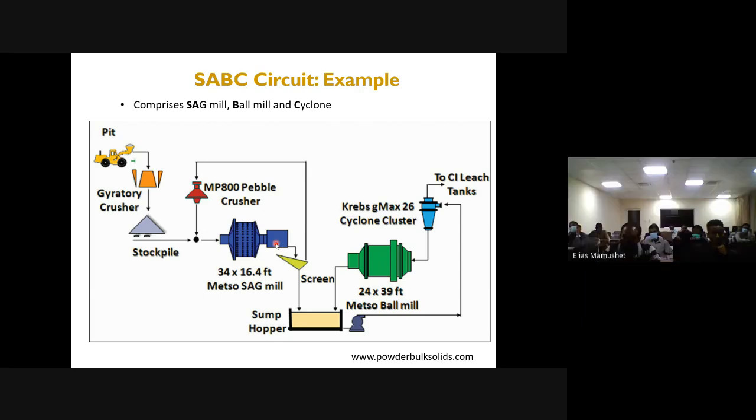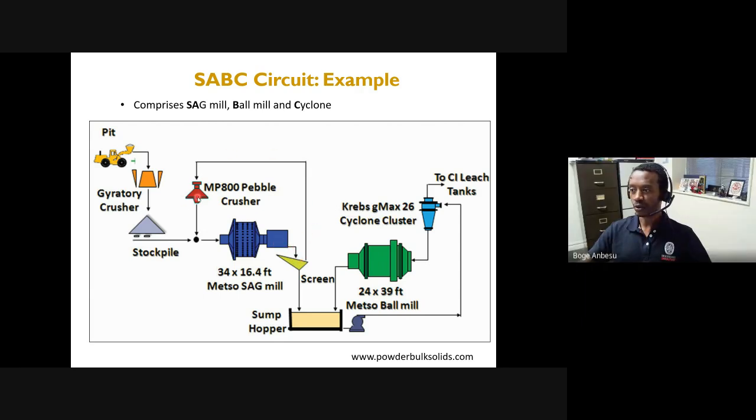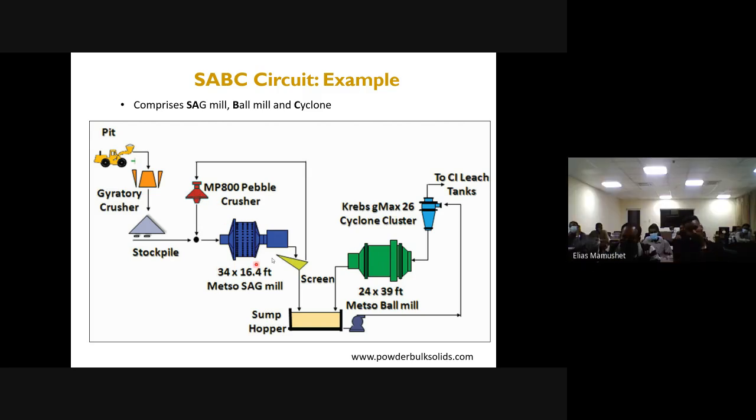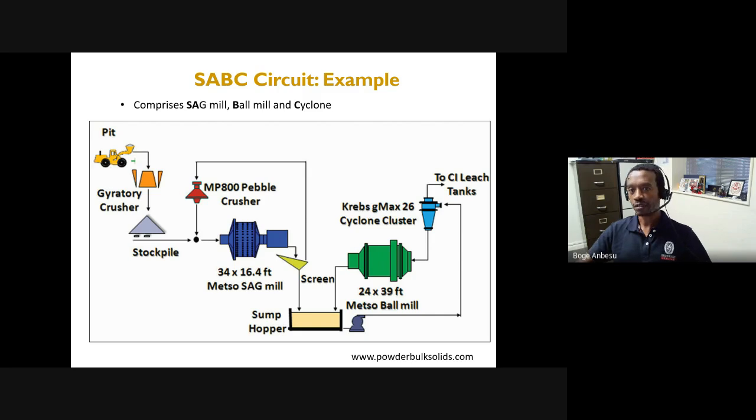Okay, the way we do that is the screen here, and those will be recycled back and crushed. Now the rocks are a bit smaller, the SAG mill can handle them, and therefore we can maximize the efficiency of a typical SAG mill. So that's where typically a screen is applied, on a crushed material or on a SAG mill product.